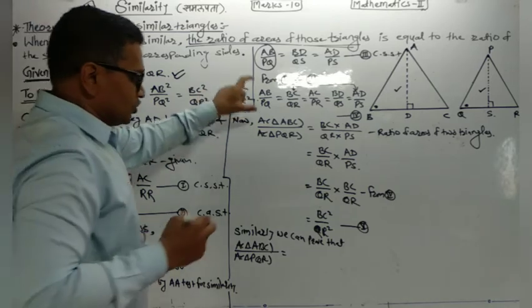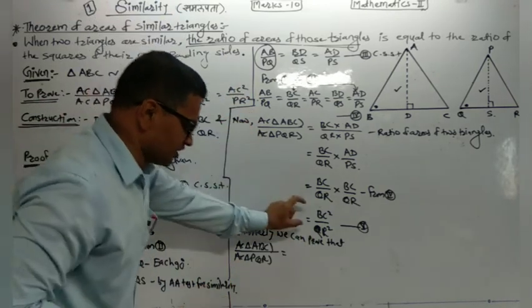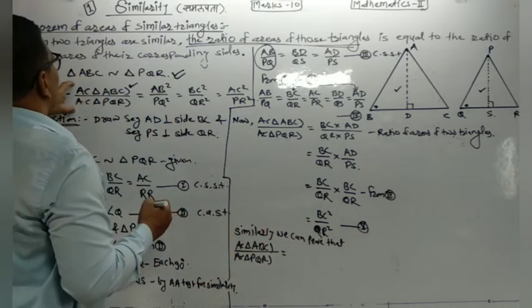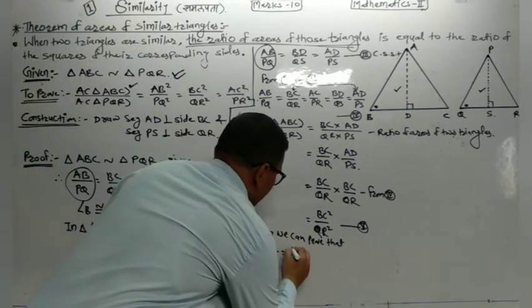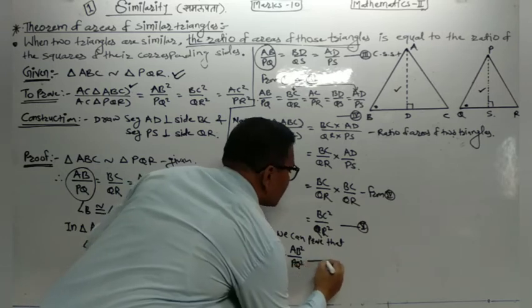We have shown here area of triangle ABC divided by area of PQR equals BC square by QR square. Now similarly we can prove that it equals AB square divided by PQ square. This is step number 6.